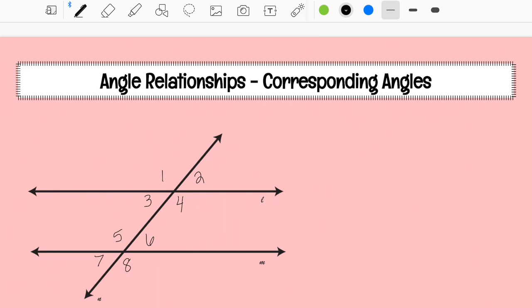What corresponding angles are, and you should remember this word when you looked at similar figures and transformations, corresponding means the same location in a different space. So for our purposes today in looking at angles, I want for you to think of corresponding angles as angles that are in the same seat at a different table.